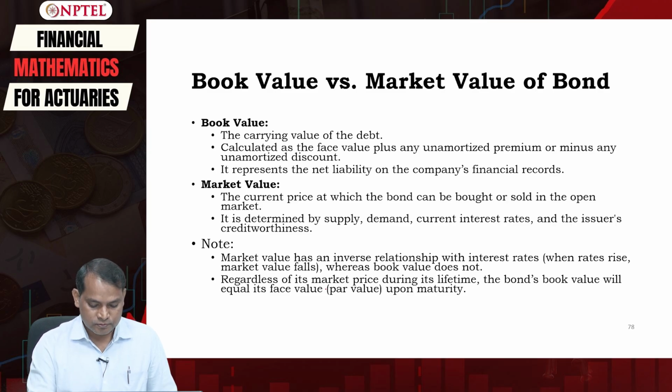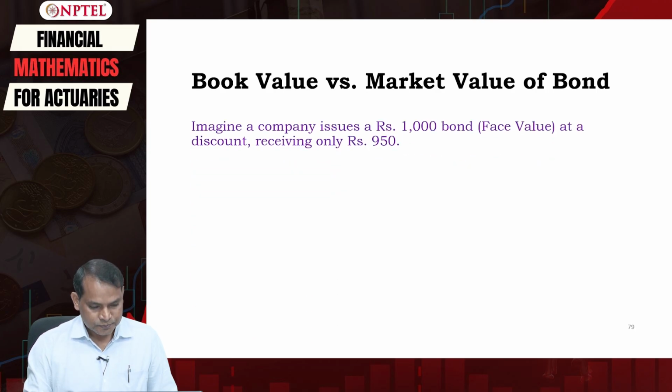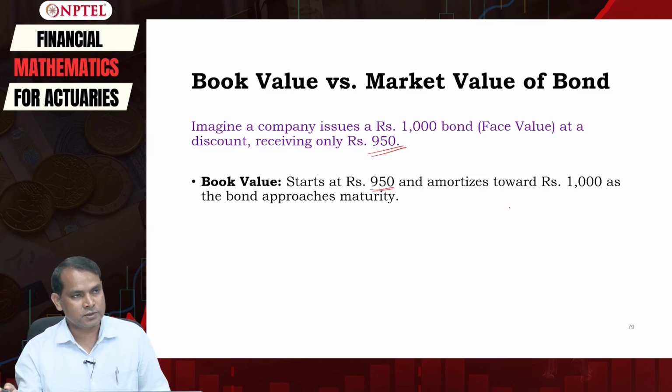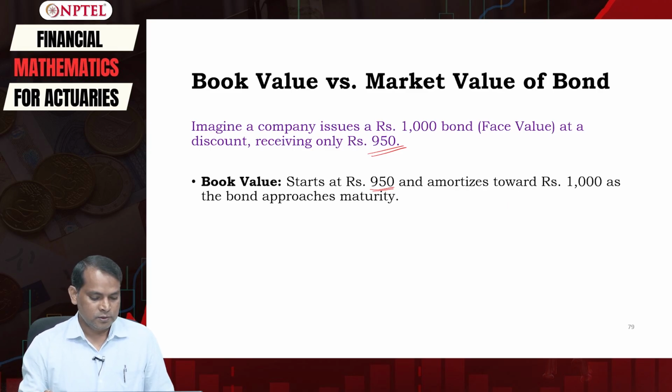Regardless of its market price during its lifetime, the bond's book value will equal its face value upon maturity. So imagine a company issues a 1000 rupees bond, that is, the face value is 1000 rupees, at a discount, receiving, suppose, only 950 rupees. The book value will start from 950 rupees and amortize towards the face value of 1000 rupees.